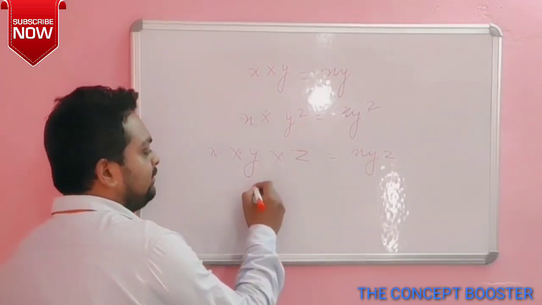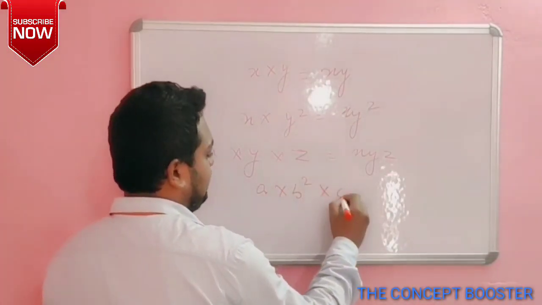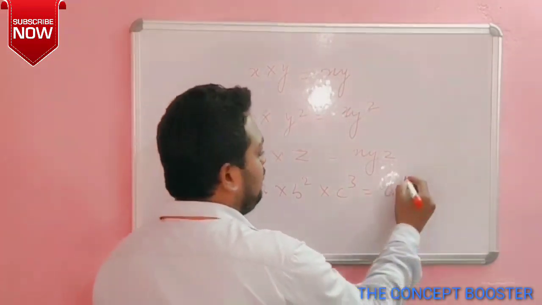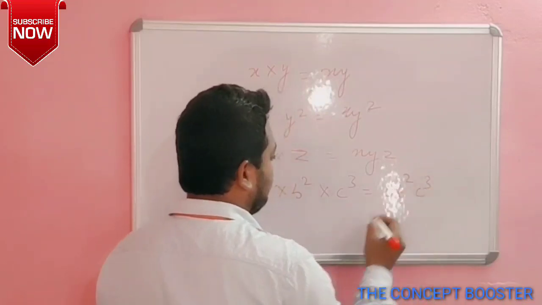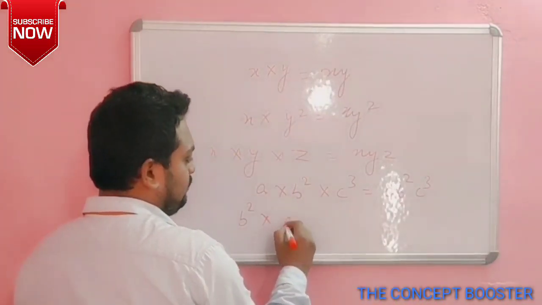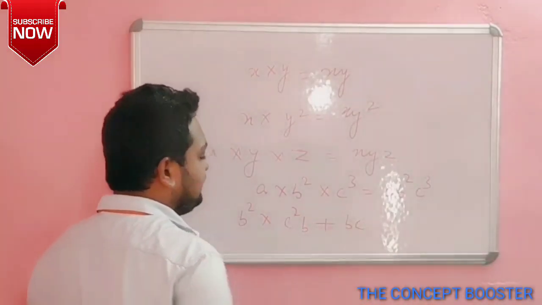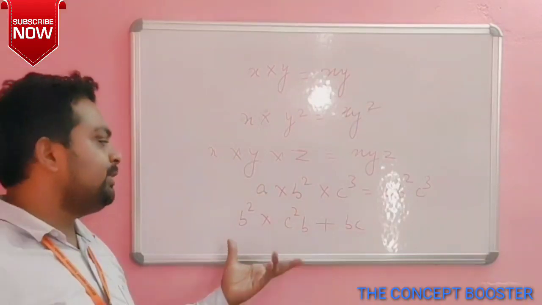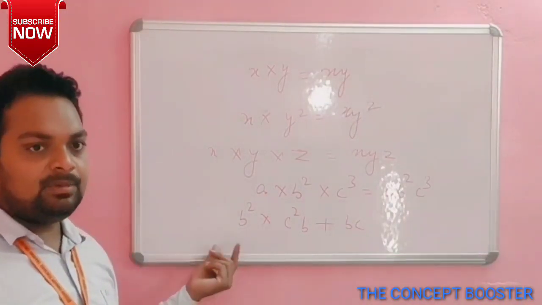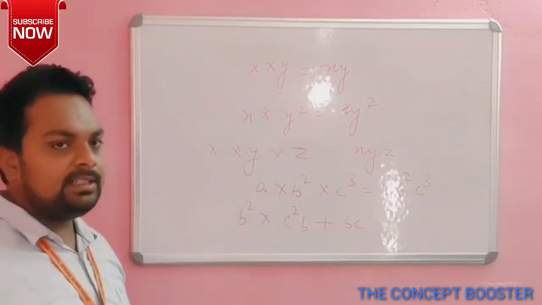Like if it is written as a into b square into c cube, then you can write it as a b square c cube. Now, simply look at the variables, and if the variables are the same, then add the powers. Or if it is division, then simply subtract the powers.